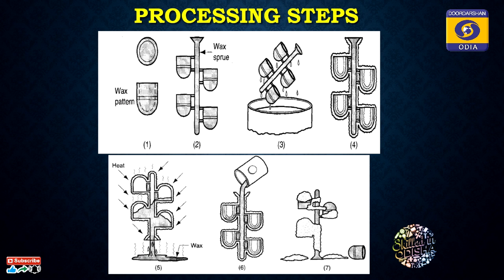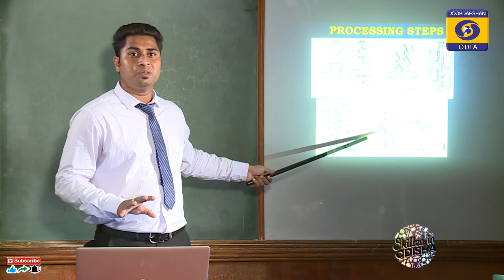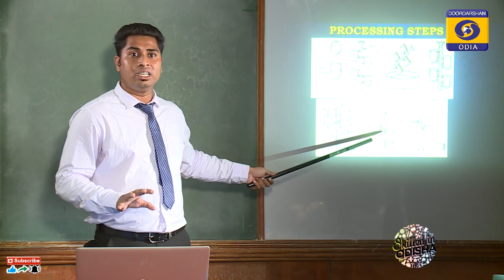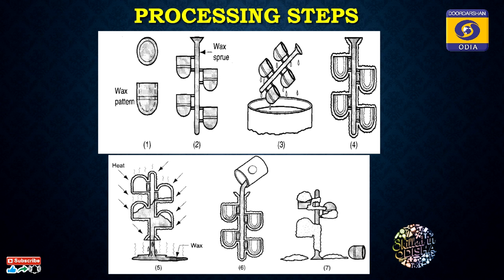Now no wax is present inside the tree pattern, so it is fully blank, and that blank space or cavity space will be filled up by our desired molten metal or molten alloy.